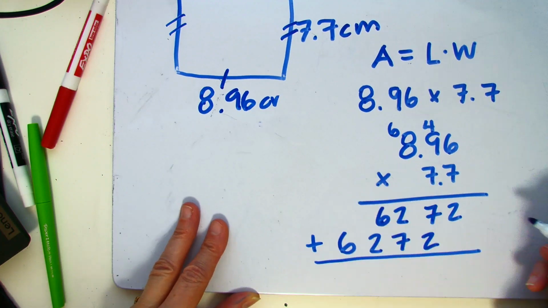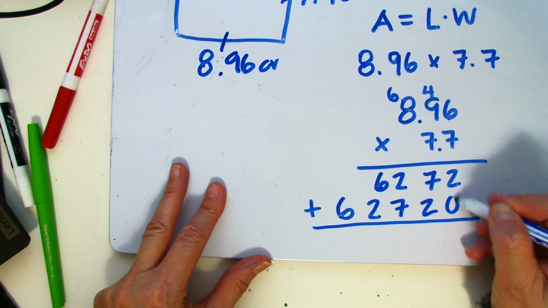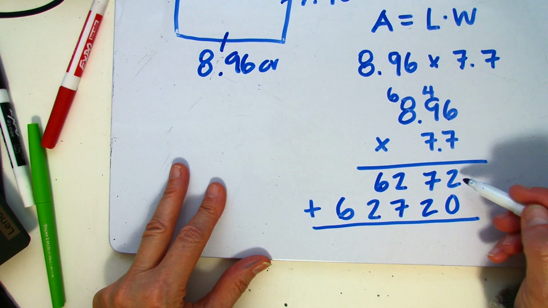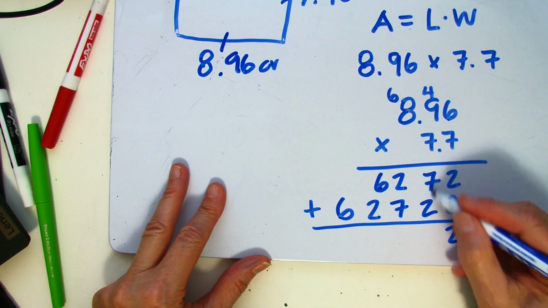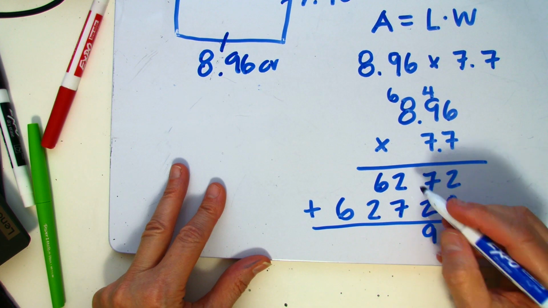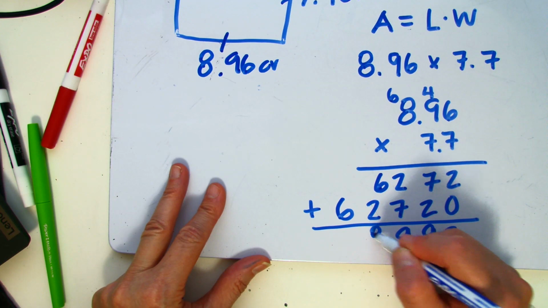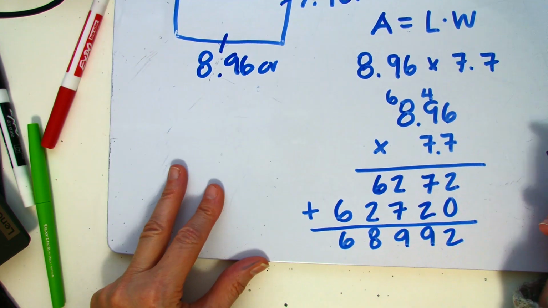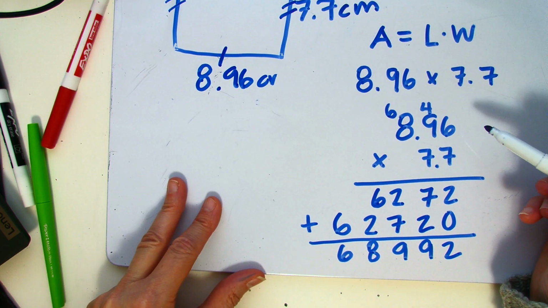Now I can add up my products. I'm going to add a 0 as a placeholder and then do the addition. So 2 plus 0 is 2, 7 plus 2 is 9, 2 plus 7 is 9, 6 and 2 is 8, and 6.